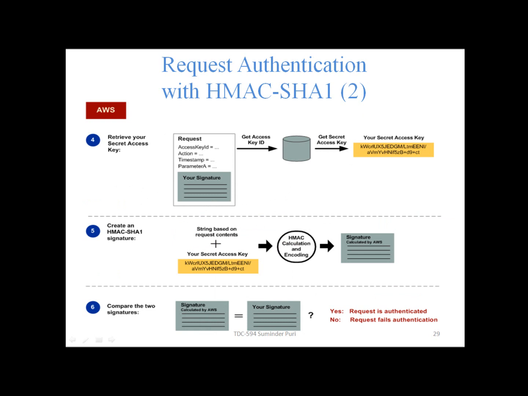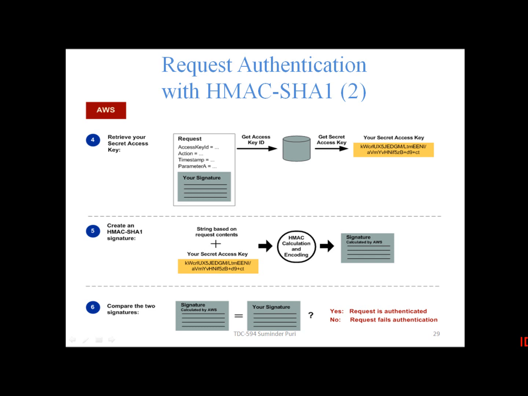They retrieve your access key and secret access key, and with that secret access key they perform their HMAC calculation and encoding, and the signature is calculated by AWS. Then both the signatures are compared, and if they match each other, the request is authenticated. Otherwise the request fails authentication, and you need to log in again and go through each step that we just showed.